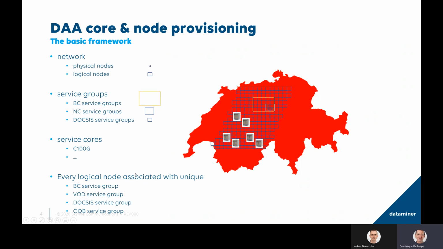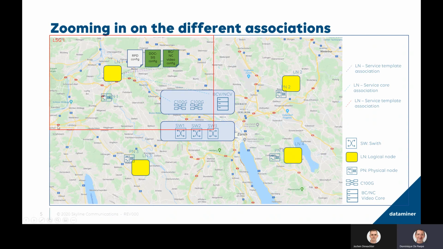And that is what is shown in the next slide: every serving area, what I called earlier a logical node, has associated with it a node configuration template and a series of service templates: DOCSIS data, broadcast video template, narrowcast video template, and is also associated with a series of service cores. These can be living in the same data center, in the same device, not necessarily so.